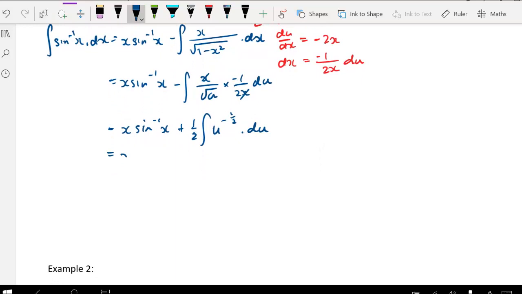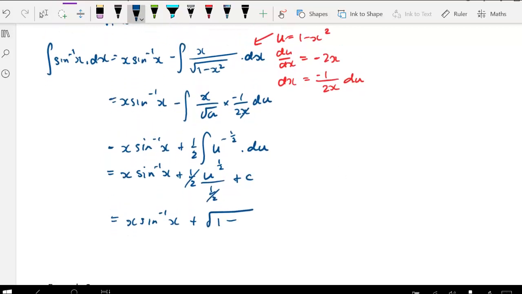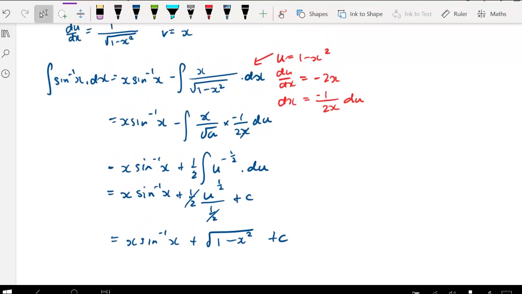And so now this will be x sin to the negative 1 of x plus 1/2 u to the power of a half over 1/2. So the halves cancel. Don't forget c. That means we've got x arcsine of x plus the square root of 1 take x squared plus c. And there we have it. There's our integral of arcsine of x.